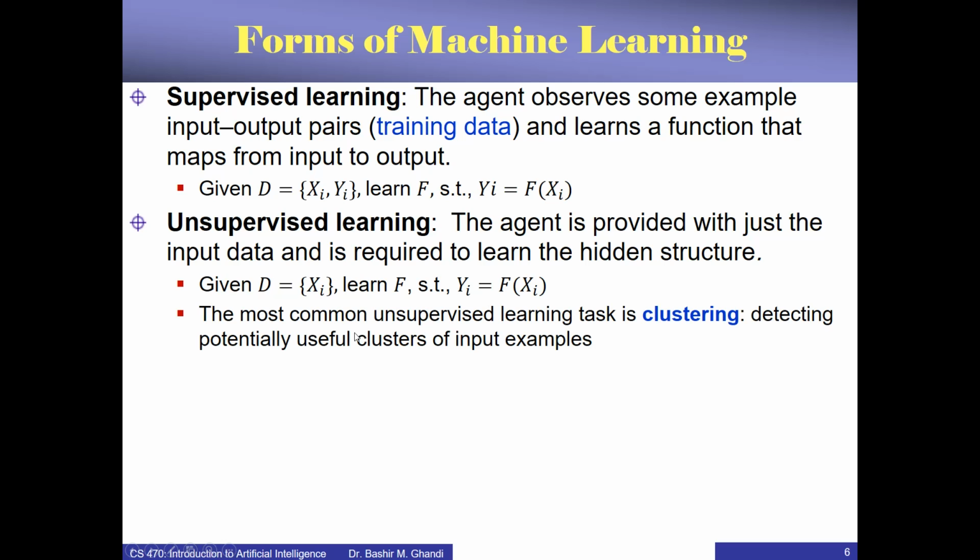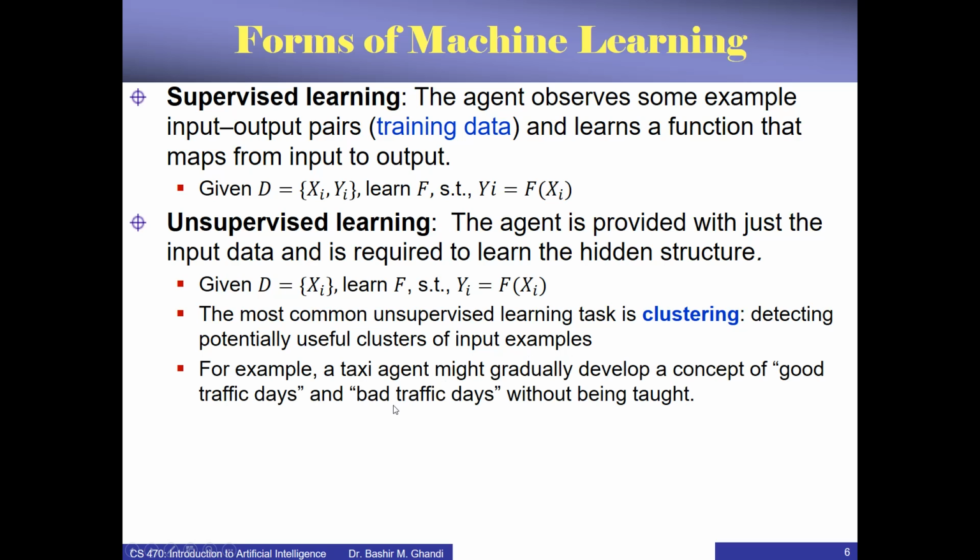Okay, the most common unsupervised learning is what is called clustering. Clustering means detecting potentially useful clusters from input examples. For example, a taxi agent might gradually develop the concept of good traffic days and bad traffic days without any human trying to teach it using some kind of training data.